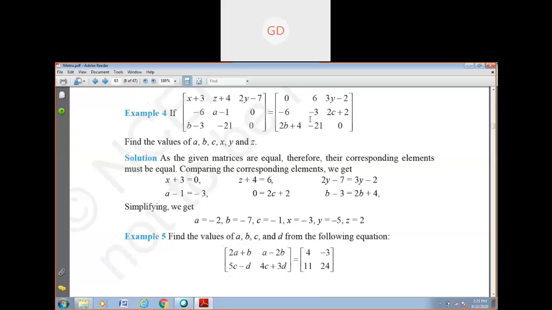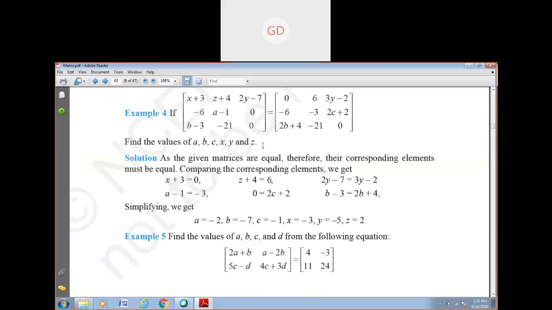If it is given that two matrices are equal, then what to do? Find the values of a, b, c, x, y, and z. These variables are involved with the elements, so we need to find all these values.